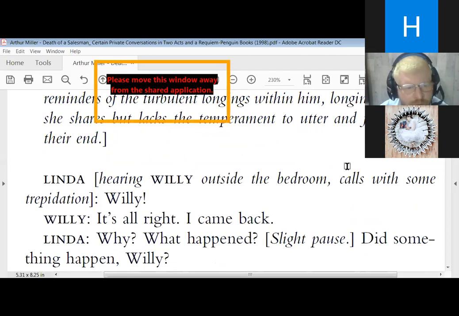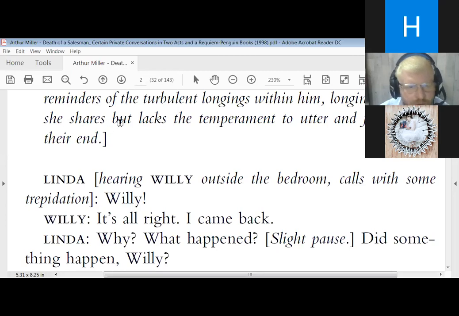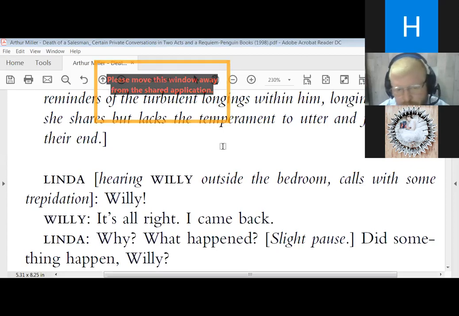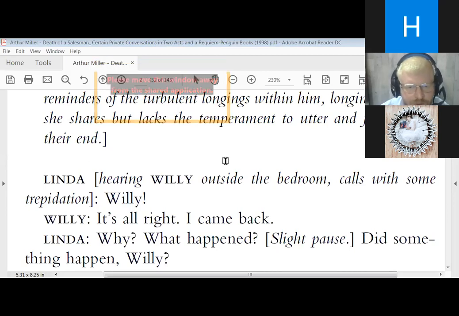Okay, and we see that after these long stage directions, there is a conversation. The conversation starts between Willy Loman and Linda, and let's see what that conversation is about mainly.